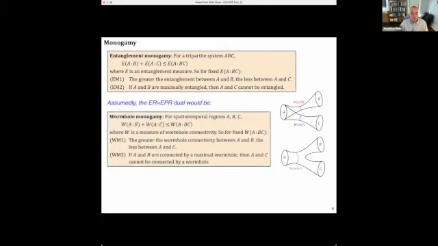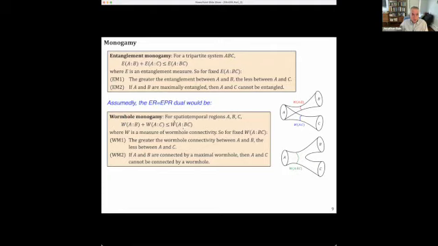Now, presumably, the ER equals EPR dual would be something like the following. Let's call it wormhole monogamy. In this context, the claim would be that for spatiotemporal regions A, B, C, the following inequality should hold: the amount of wormhole connectivity between A and B plus that between A and C should be less than or equal to the amount of wormhole connectivity between A and BC, where W is a measure of wormhole connectivity.